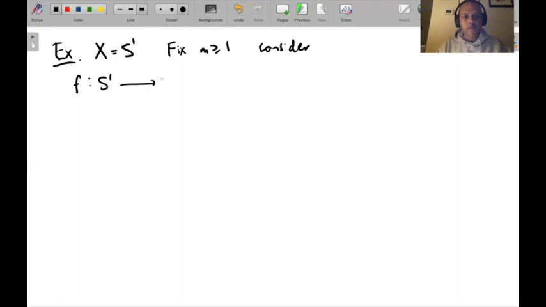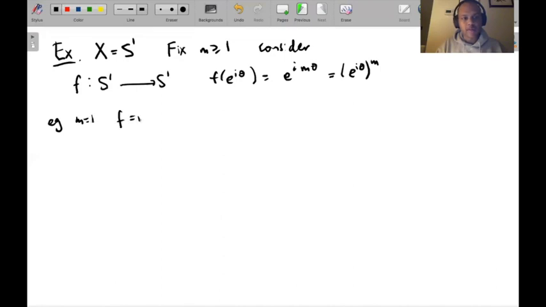So it's a map from the circle to itself, which sends f(e^{iθ}) to e^{imθ}, which is the same as (e^{iθ})^m. So this is the mth power map. So for example, when m is equal to 1, f is just the identity map. When m is equal to 2, f is 2 to 1.